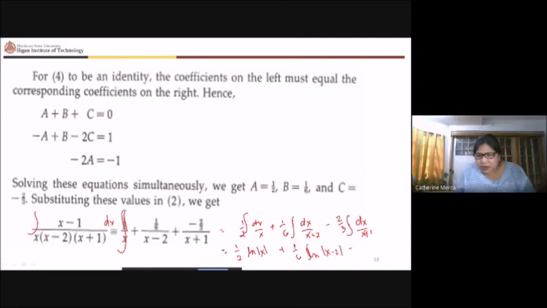Baka nalimutan nyo na, integral of du over u equals ln of u plus c. Okay? Can recall that one. So, minus 2/3 integral of du over u is ln now of x plus 1 plus, the entire thing is simply plus c. So, that's your answer there.